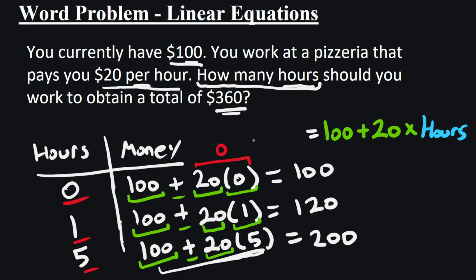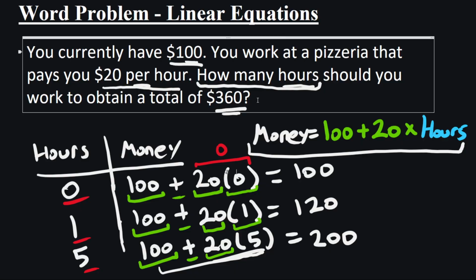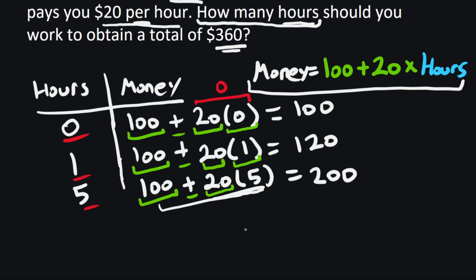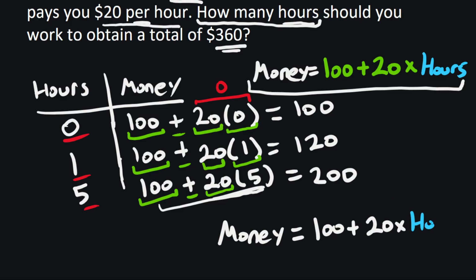This equals our total amount of money. Okay, so we wrote a little equation here, and let's rewrite it down here. Our money equals 100, the money we started with, plus 20 times hours. Okay, so that's a nice little equation.